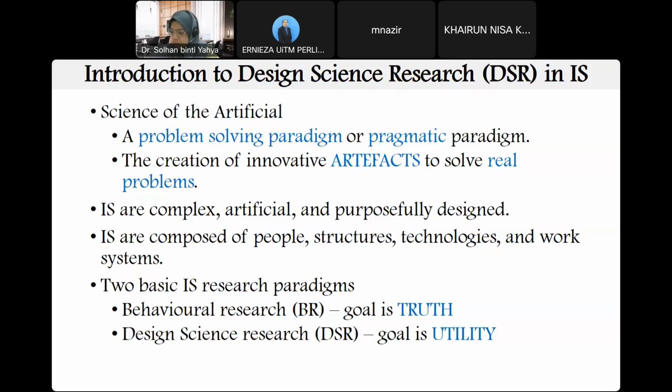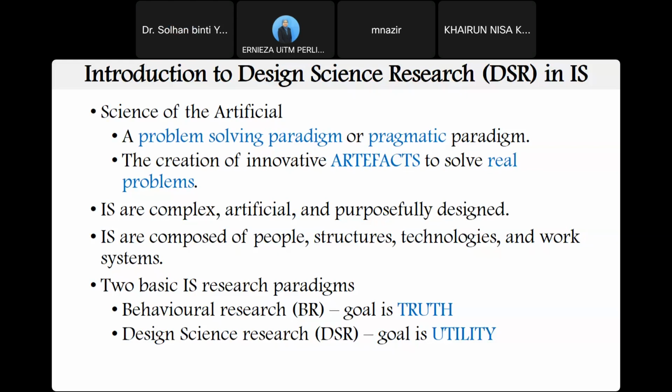But another kind of research paradigm in the information system field is design science research. The goal of design science research is to find the utility of the artifact, producing the solution, coming up with an ICT or information system artifact, and solving the business problem.